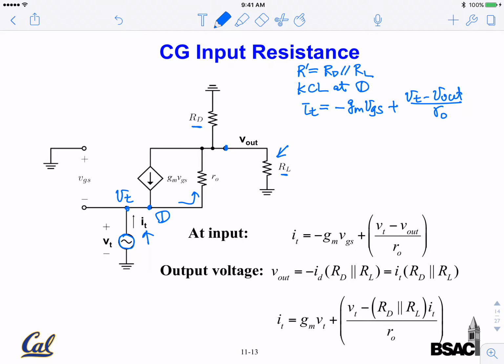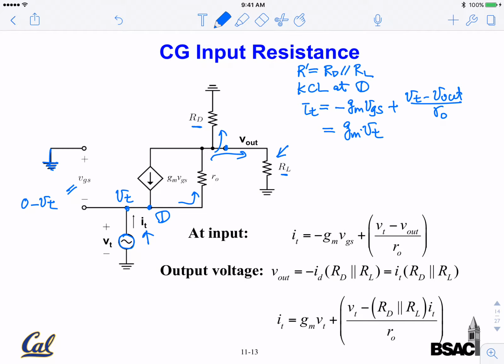VGS, what is VGS? Well, the gate is grounded. So VGS is equal to 0 minus VT. So VGS is minus VT, and this term becomes gm times VT. We eliminated one intermediate variable. V out: well, we know all the current must flow through the combined resistor in parallel.